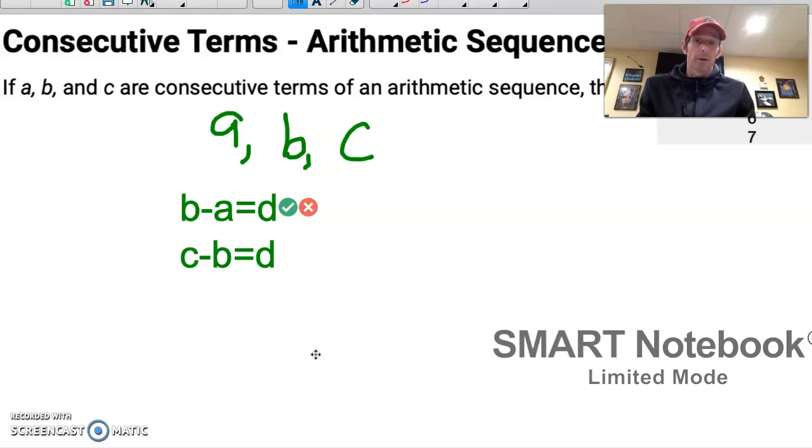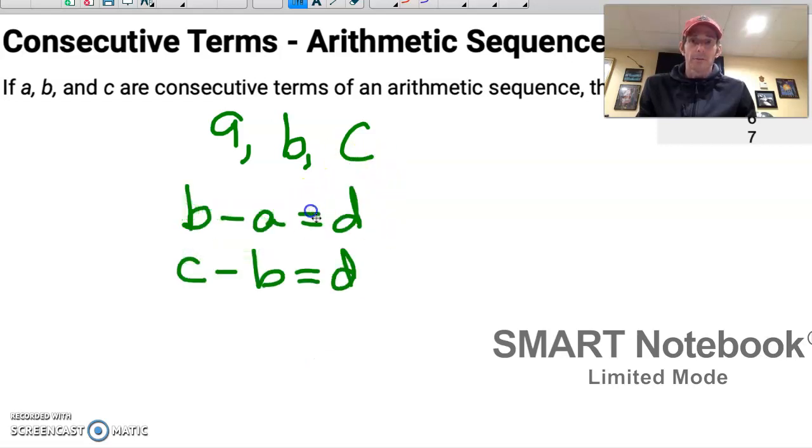And that could keep going. Notice that both of these happen to equal D, so I could say that B minus A has to equal C minus B.